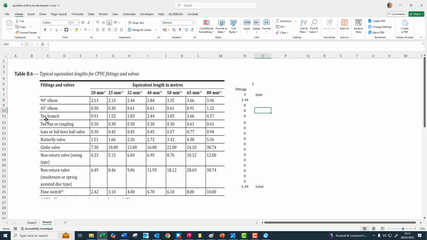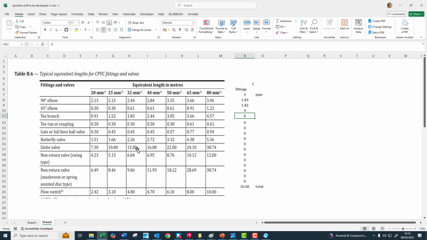We had 2 T's, if I remember rightly. So 1.83. So that was one for the drain valve and one to connect to the main riser. 3. Then on top of that, we had the flow switch, which is 4. It'll be a globe valve. I doubt it'll be a butterfly valve.